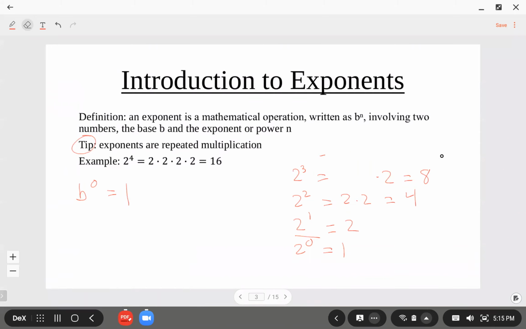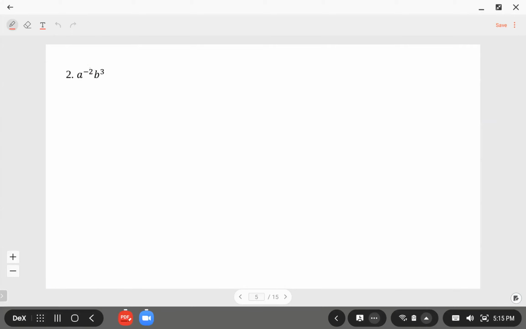After we solve 2 to the 0th power equals 1, right? There are numbers below 0. What is that? Negative numbers. So now we're going to talk about negative exponents.